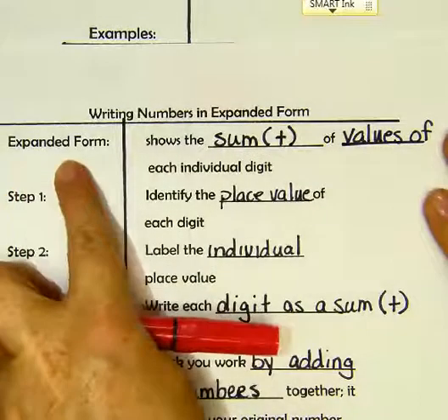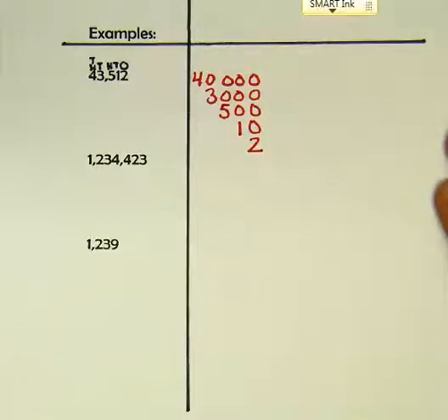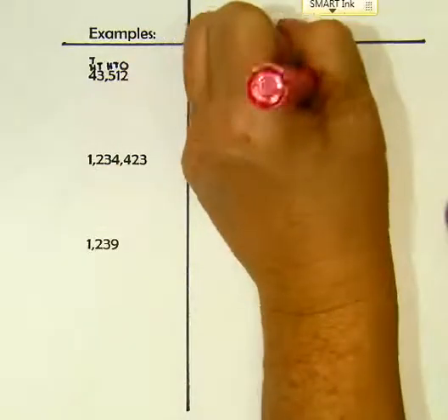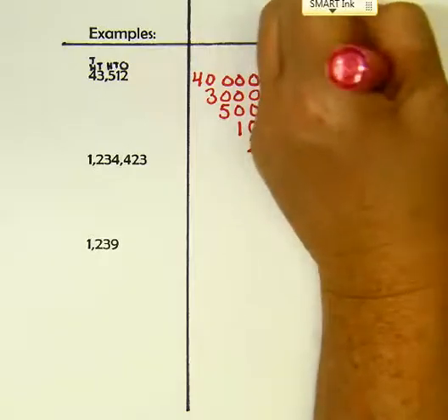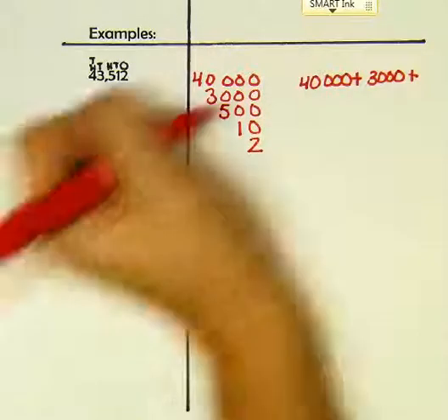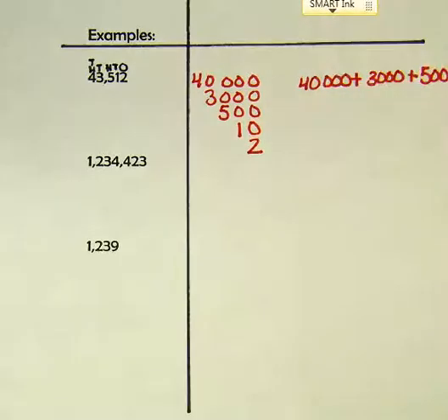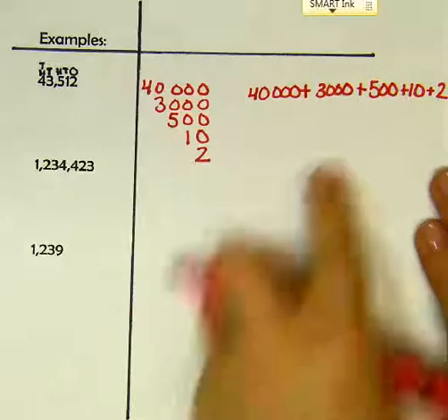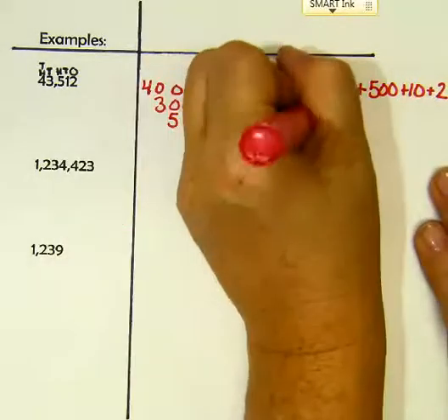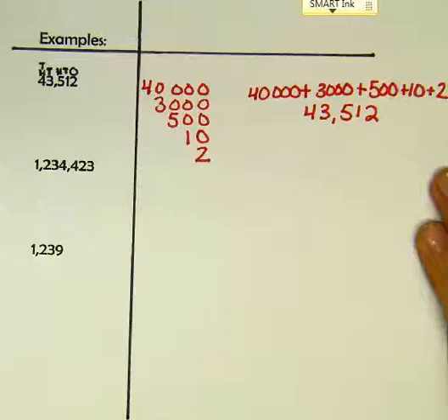My definition of expanded form says it shows the sum, so it shows an added value. So all we're going to do is do 40,000 plus 3,000 plus 500 plus 10 plus 2. That is expanded form of 43,512.